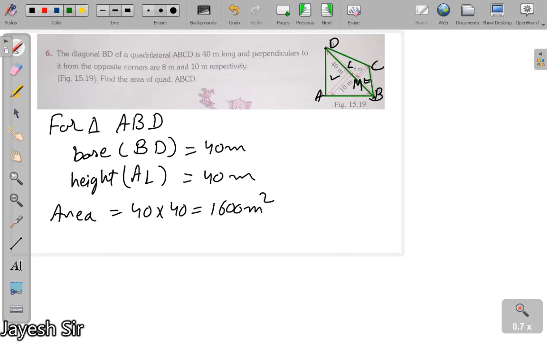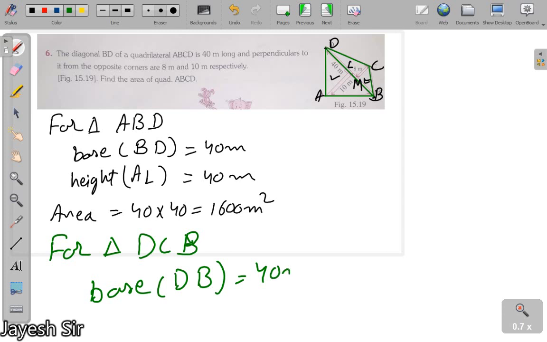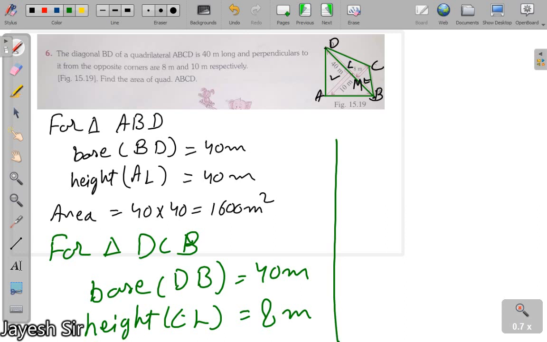Now for second triangle, for triangle DCB, again base here is DB, that is 40 meters, and height is 8 meters, that is CL 8 meters. So area is equal to 40 into 8. Sorry, I did not put in half into base into height.